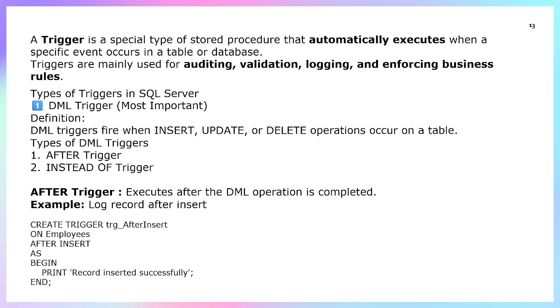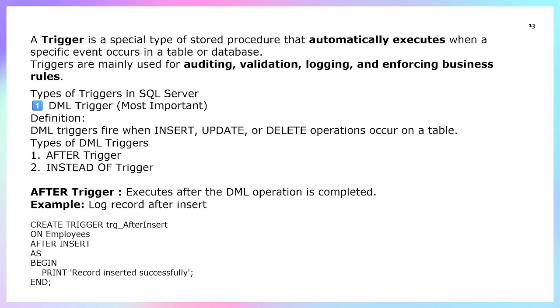So create trigger name on the table name, and after insert. If you want to perform after delete, write after delete. If you want after update, you can write after update. Then whatever you want, for example, if you want to insert data into another table, update another table's record, or delete another record after the insert, anything like that you can perform.